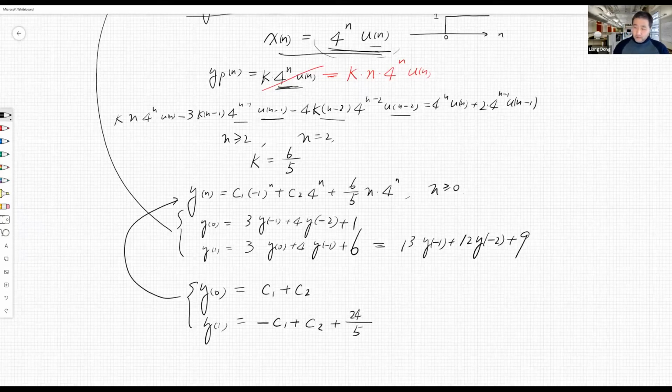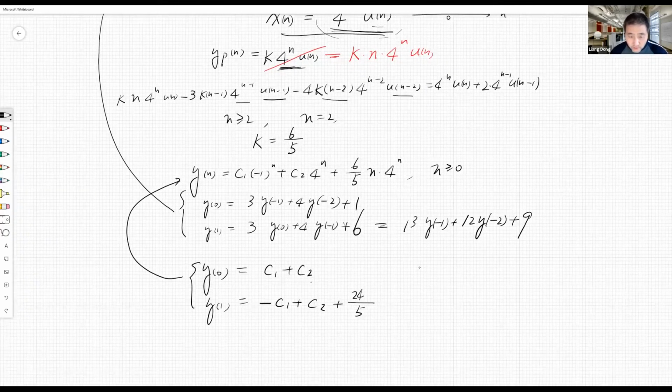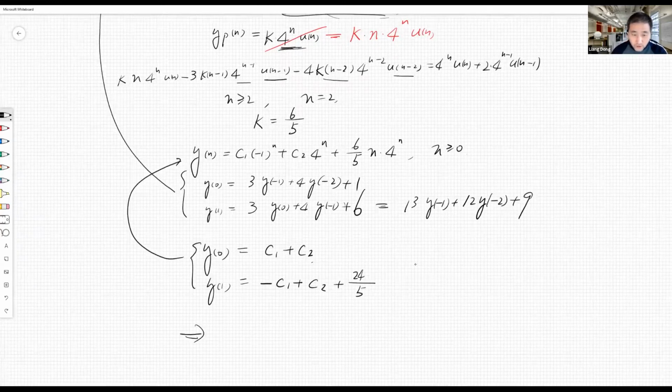All right. Now we have these two, and as before, we equate these two together, and then we will find the solution for C1 and C2. Okay.